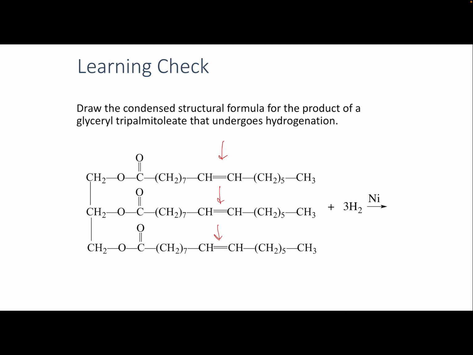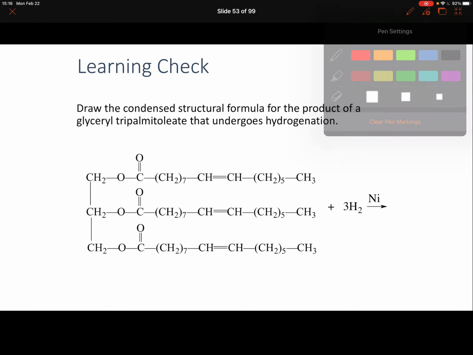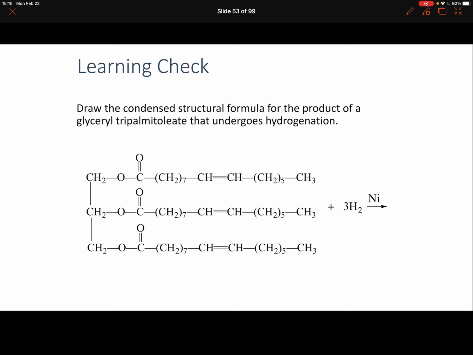Now, just because we don't do complete hydrogenation doesn't mean that you only hydrogenate these two and you leave this one alone. It just means that of all the molecules that would be in the oil, not every molecule gets reduced. In case you weren't even thinking about that, don't even worry about it. So go ahead and pause it, give that one a shot, give it a draw.